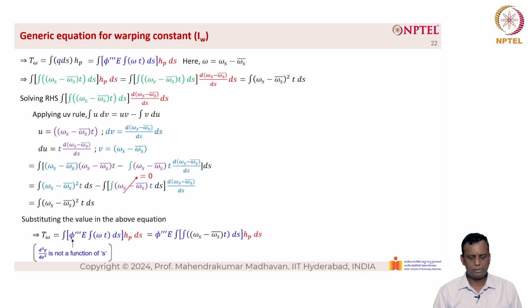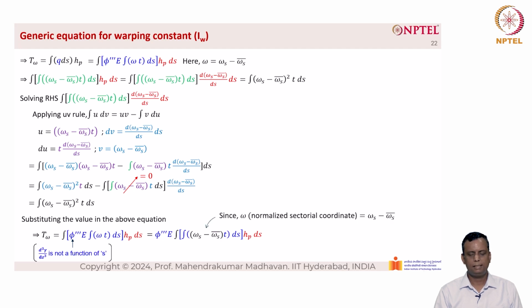So which gives rise to P triple dash into E into integral of [integral of (omega s minus omega s bar) into t into ds] into h_P into ds. Here, instead of omega, we have substituted omega equal to omega s minus omega s bar.